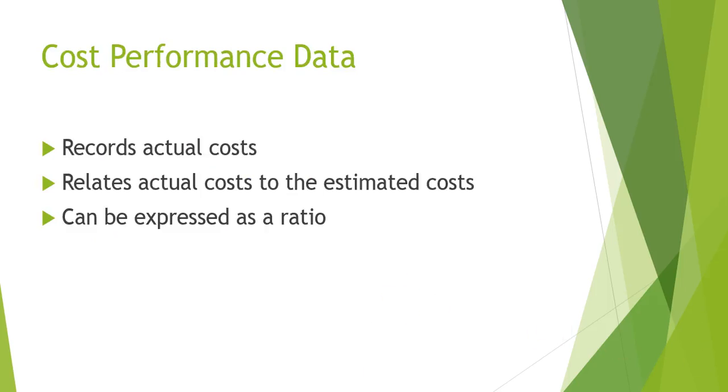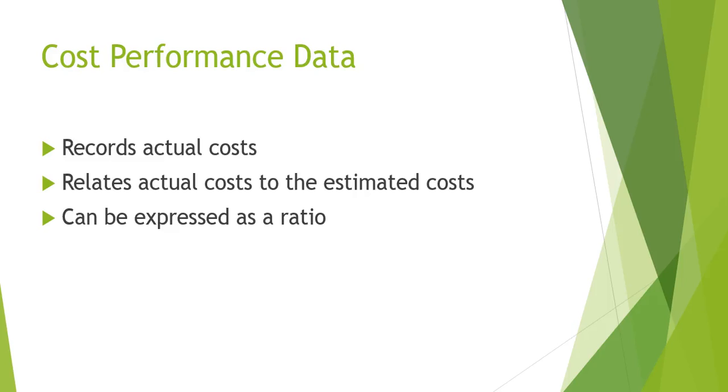Again, if we're looking at cost performance data, we want to know about actual costs of doing work, measured amounts of work. And then we're going to try to relate those actual costs to estimated costs in the future.